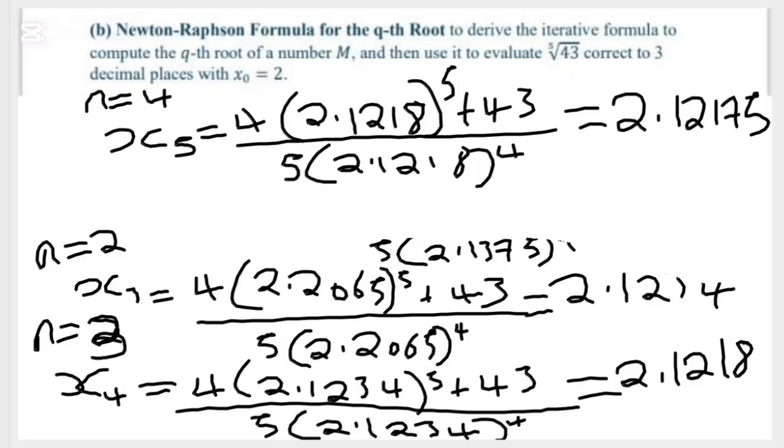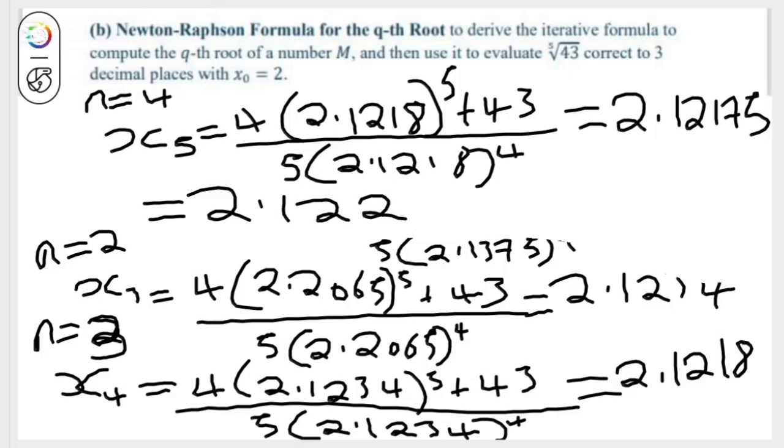So as you can see, both x4 and x5 are equal to 2.122 approximately.